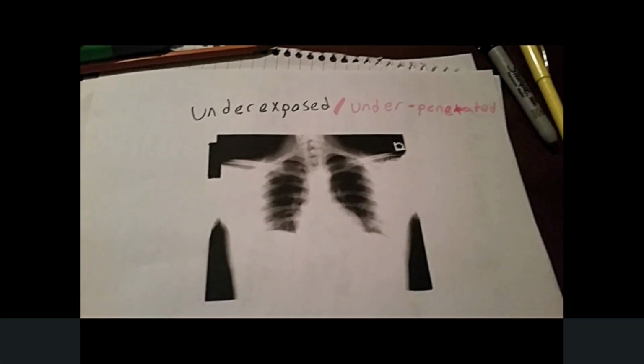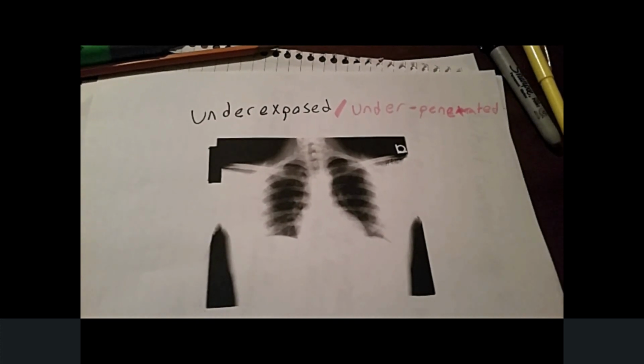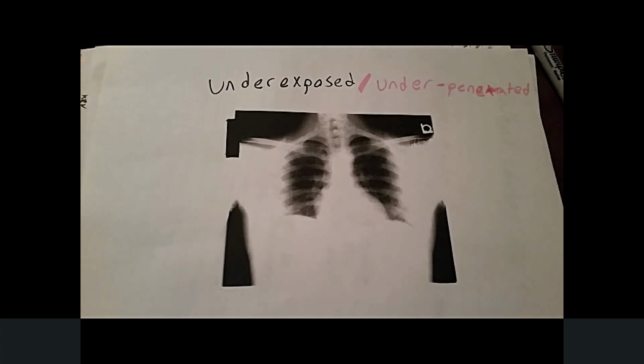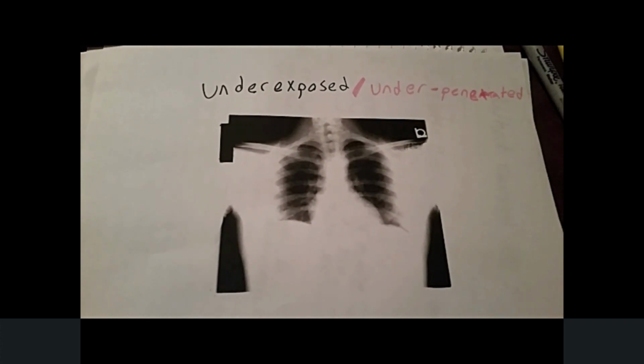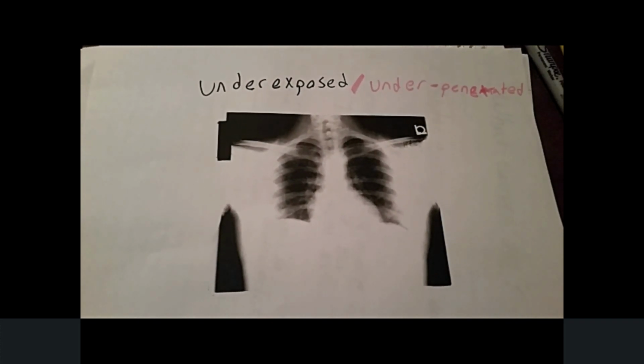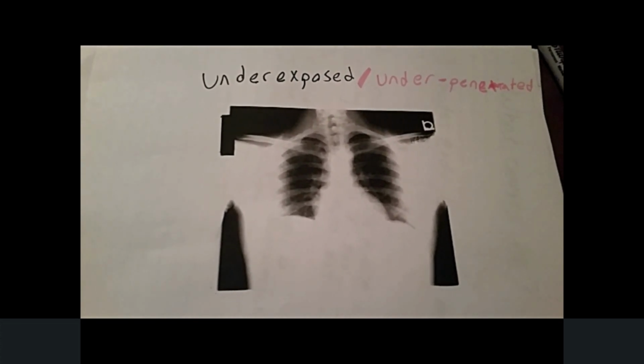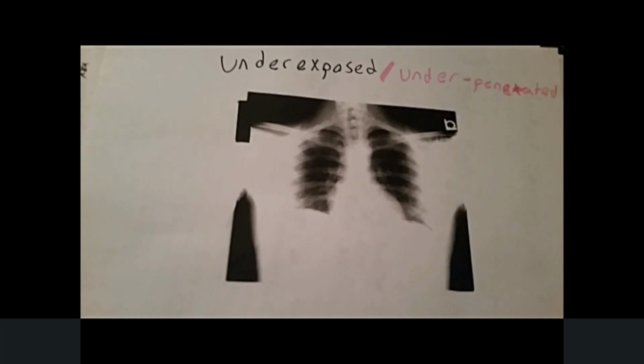Okay, so like we learned in class, low kV equals high contrast and long scale shades of gray, and it results in lots of photoelectric interactions. High kV equals low contrast, a short scale, and more of the Compton interactions, or Compton scatter rather.